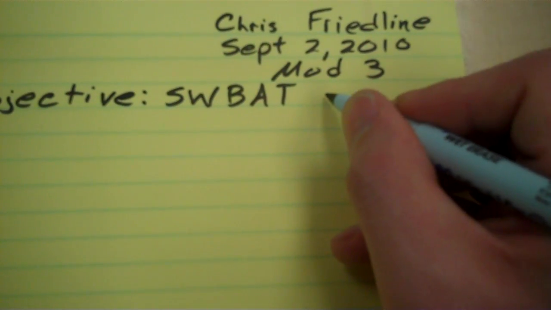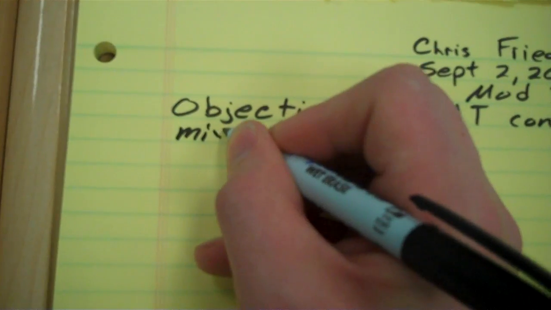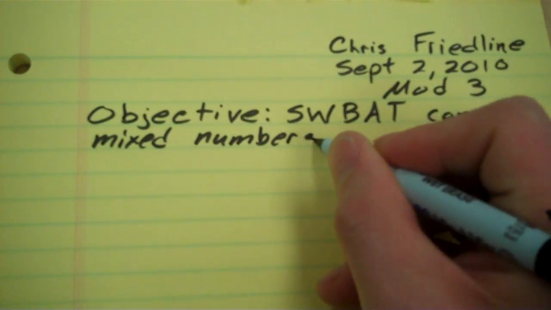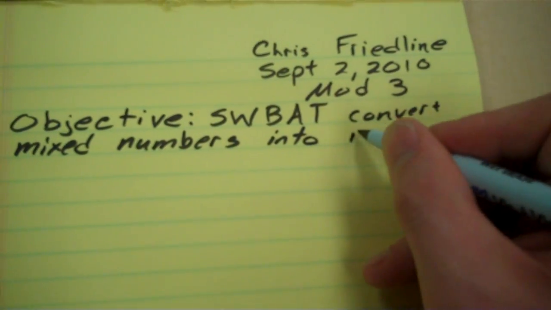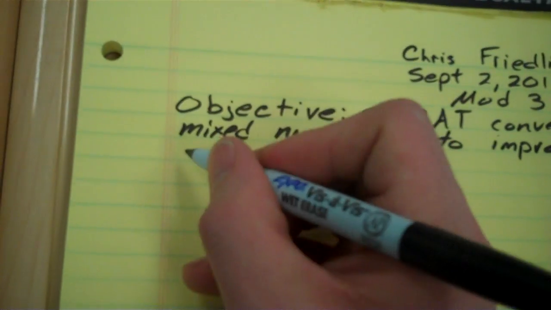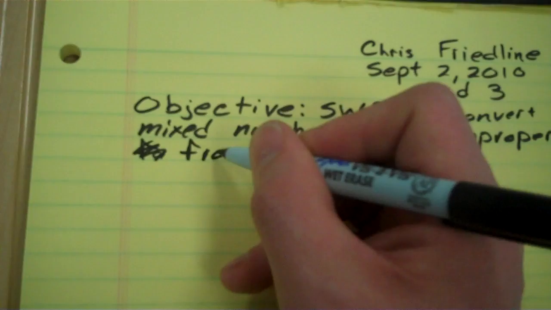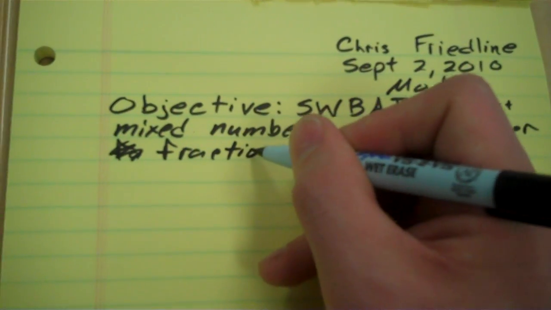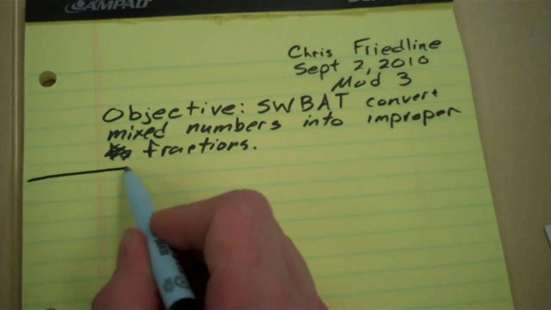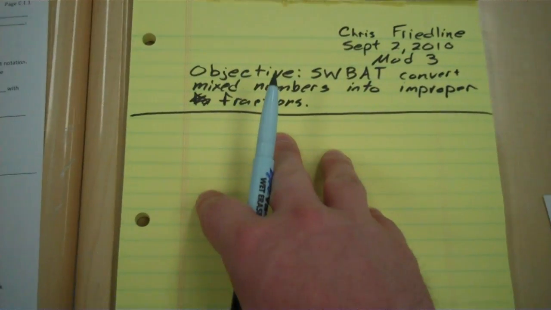Students will be able to convert mixed numbers into improper fractions. Whoops, and I can't spell. That's why Mr. Friedline is a math teacher. Perfect. After that, you're going to draw a nice line all the way across the page, because right here is where your work starts.